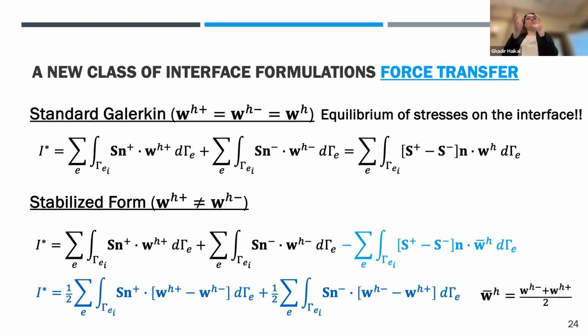So W here is the displacement. If W plus and W minus match, then these terms go away, which means this is a formulation that works well even if you don't have an interface problem. It is going to embed very nicely in an existing finite element package. And we're actually working on a custom element that we can put into Abaqus that will take care of this for you if you have an interface problem.